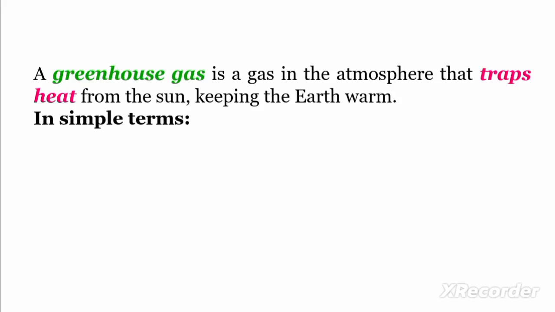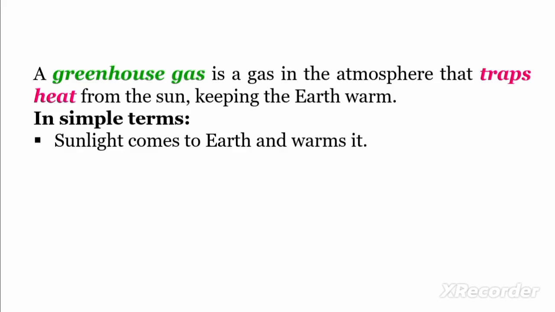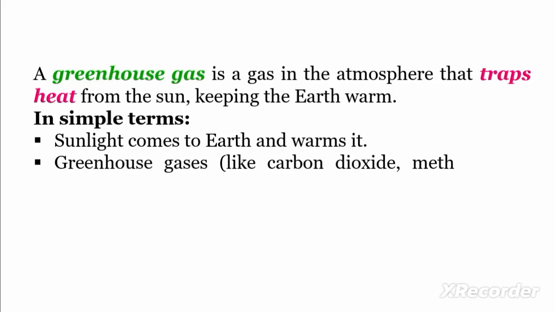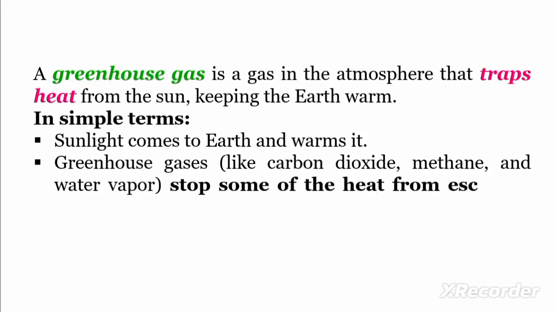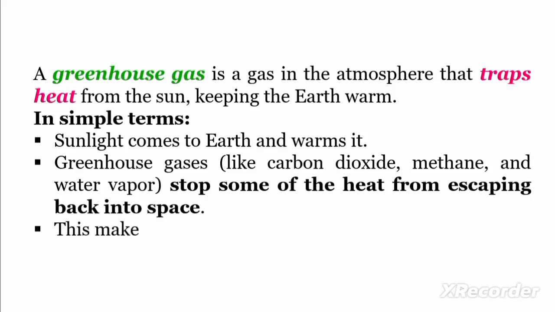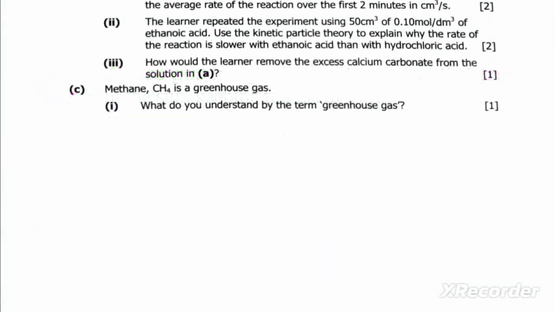Okay, in simple terms, sunlight comes to Earth and warms it. Greenhouse gases like carbon dioxide, methane, water vapor stop some of the heat from escaping back into space. This makes Earth's temperature higher, or it stabilizes Earth's temperature.